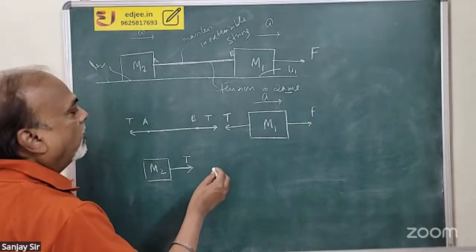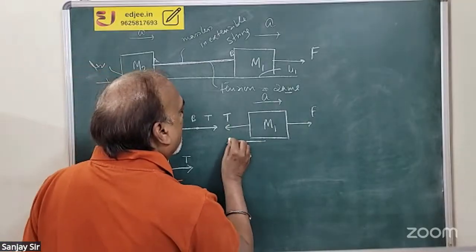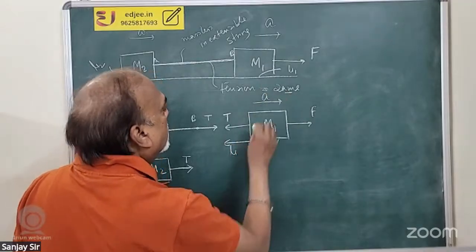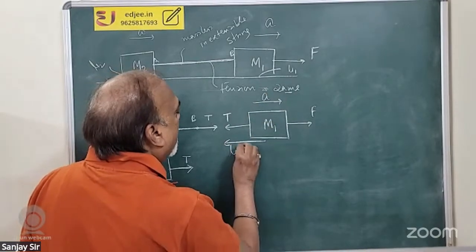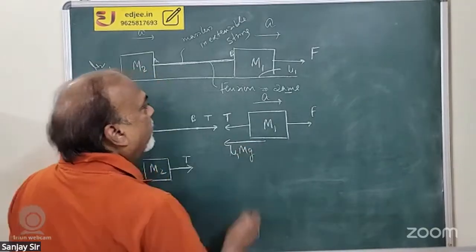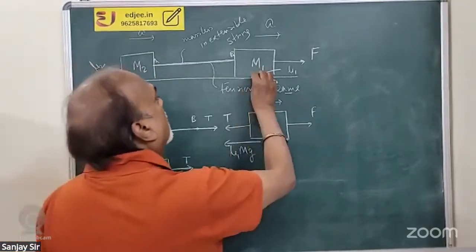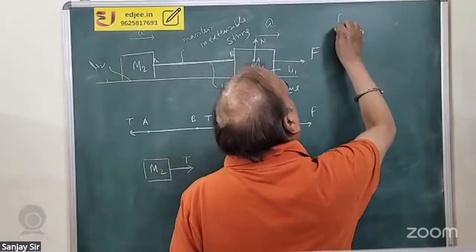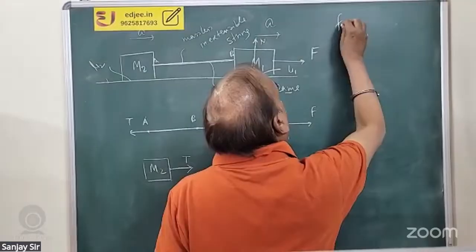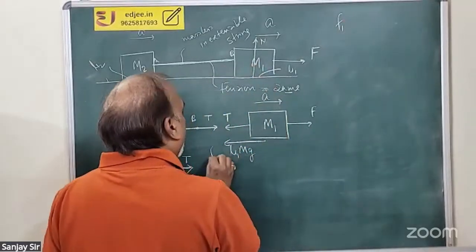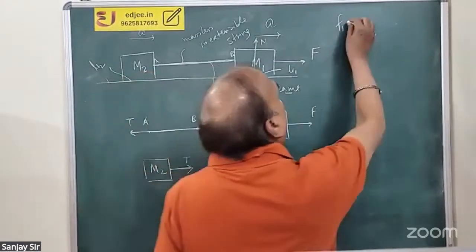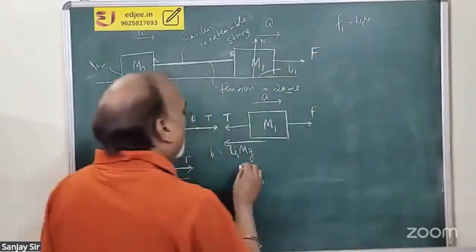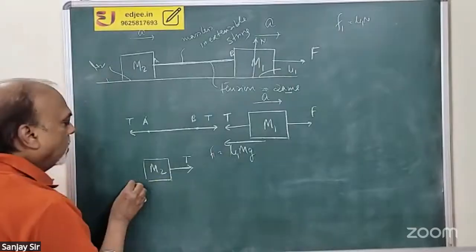Now here, what will happen? Here it will be mu1 mg, the friction force, because here it will be N, and F1 is nothing but mu N. So this is successful. Likewise here also.